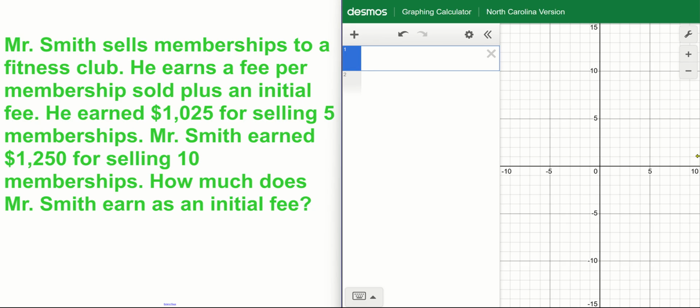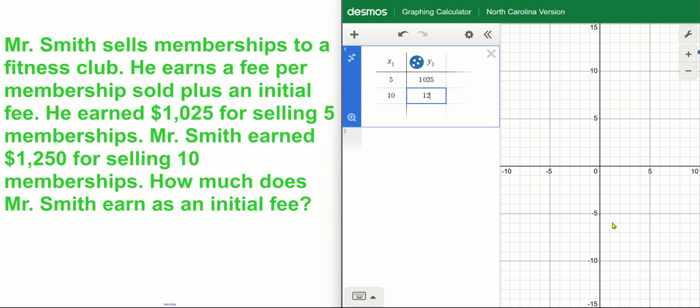How much is Mr. Smith's initial fee? Wilbert?